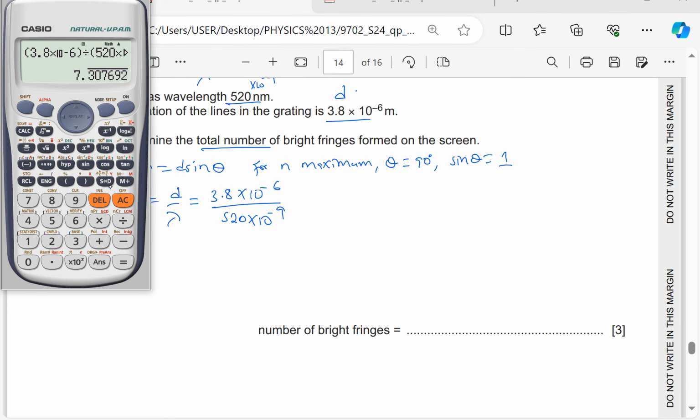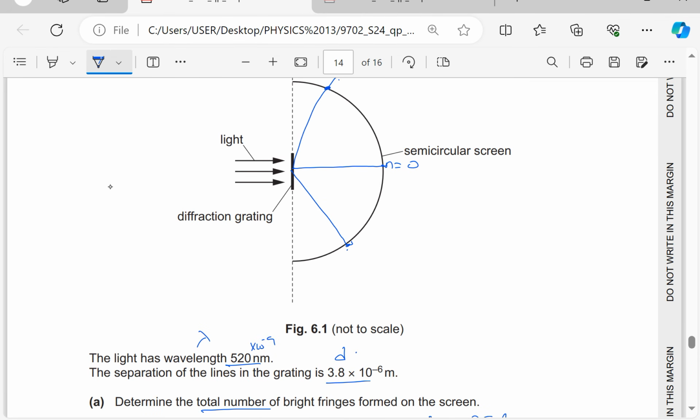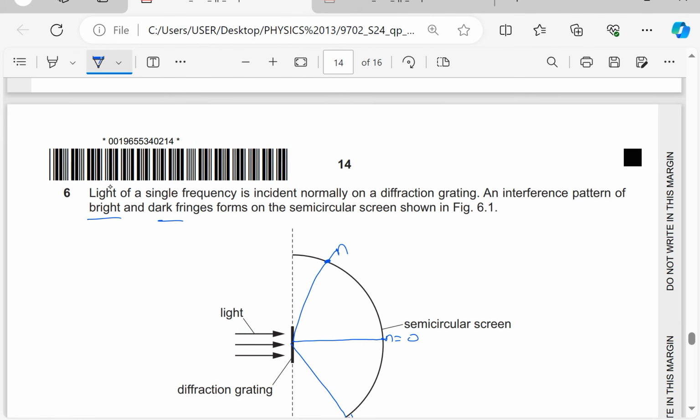This is giving us 7.3. But n must be a whole number, so we just round this down to 7. So the maximum this side is n equals 7, below the center. The maximum the other side is n equals 7.